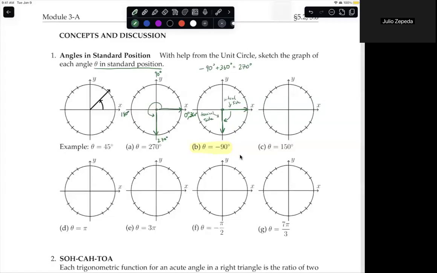Now, the next part here is 150 degrees. Well, we'll give some of the common angles on the unit circle. You can go to the unit circle and look at them yourself. But they are 30 degrees, 45 degrees, 60 degrees. We said this was 90. Let me label 0.